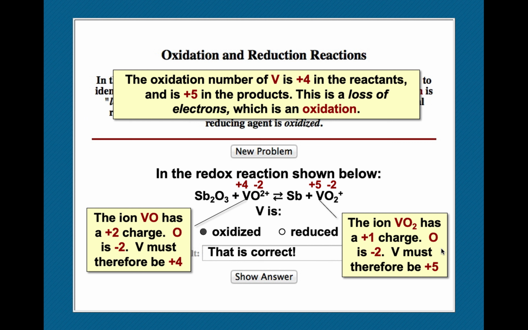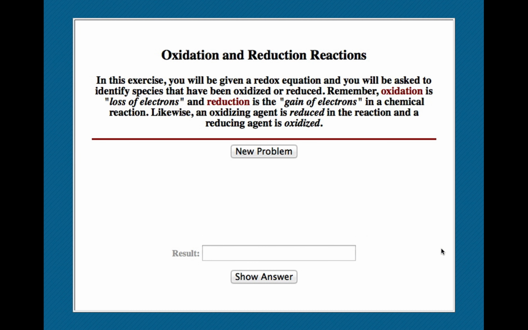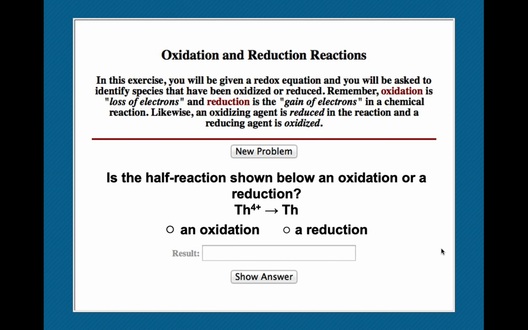I don't think I put this one on the whiteboard. This is another half reaction. Thorium +4 to thorium, the element. Thorium here is +4, here is 0.